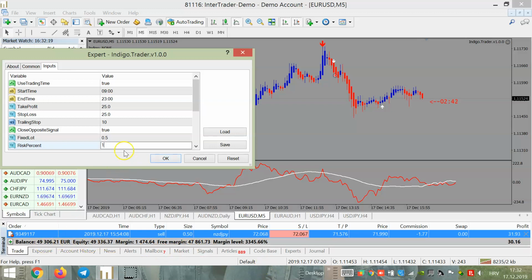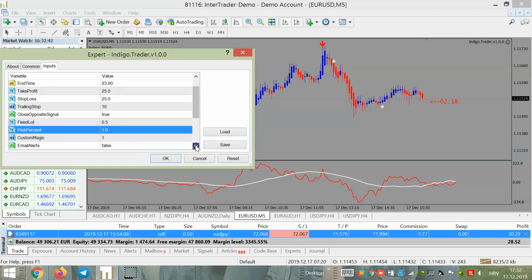So here 1% is, I don't know, $49. It will risk only 1% of your trading account in this trade. So it's not bad. Maybe if you like this style, you can use X% also.